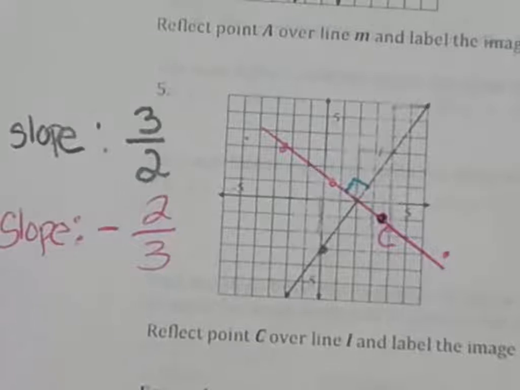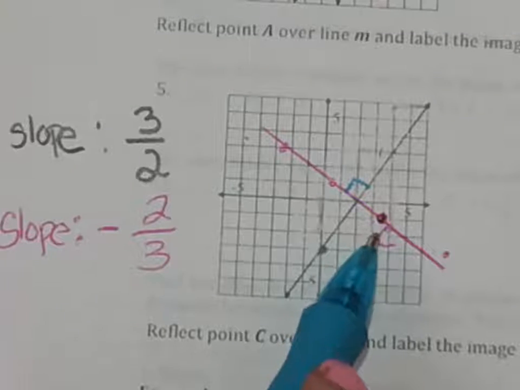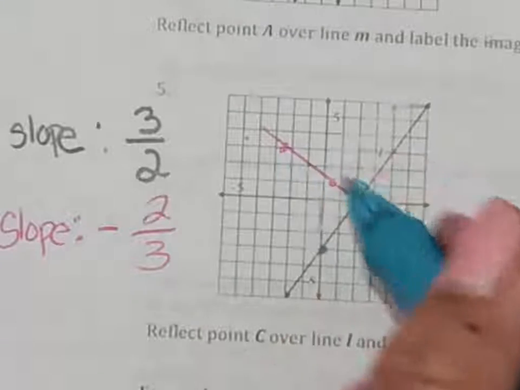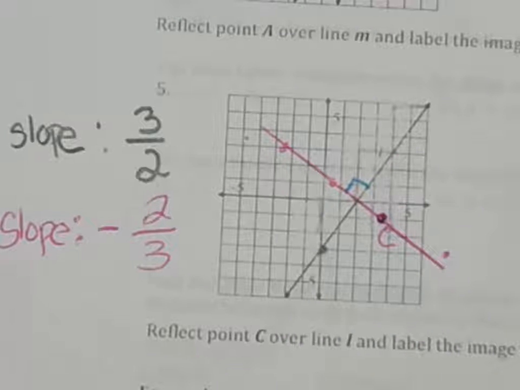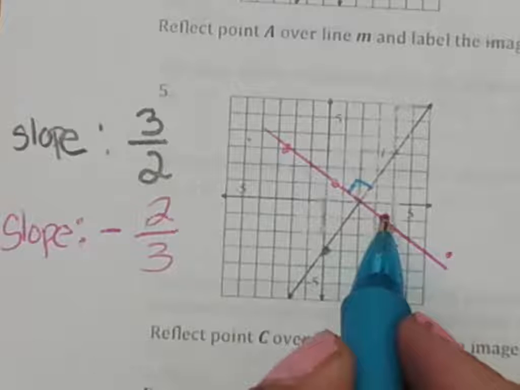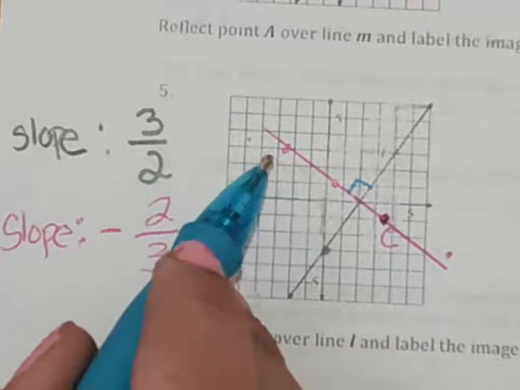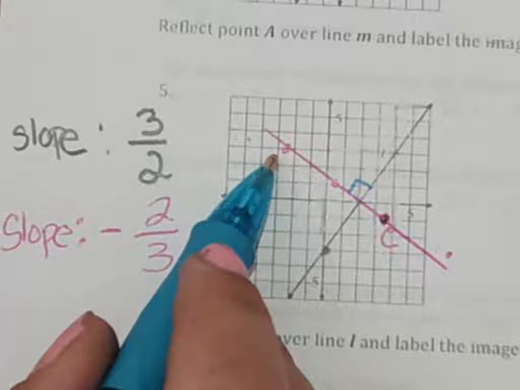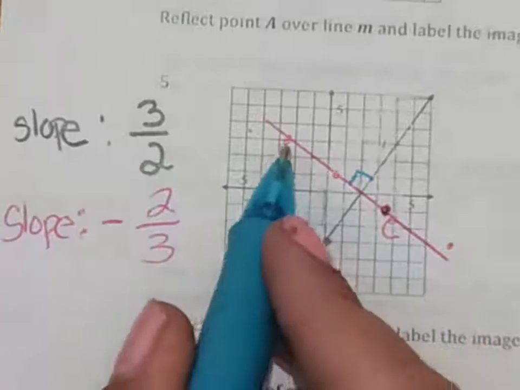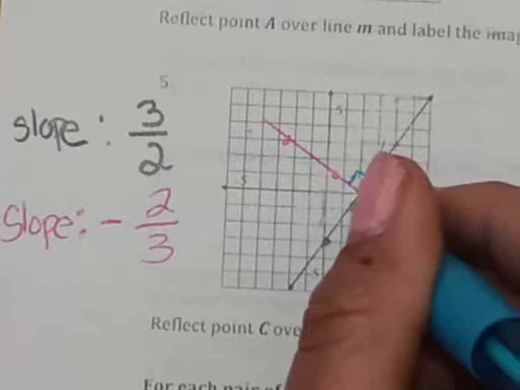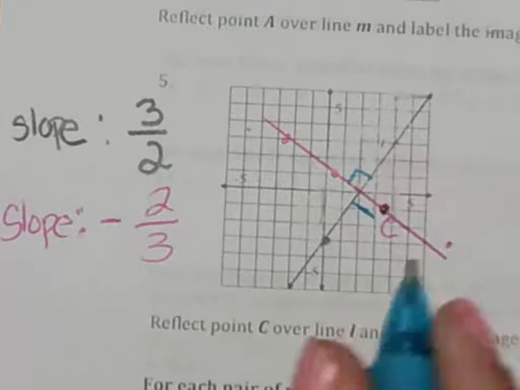Now we need to find a point that is an equal distance away. So what point on this pink line that we just drew is the same distance away as this one? Is it this one? No. This one's way too far away. It needs to be the same distance.